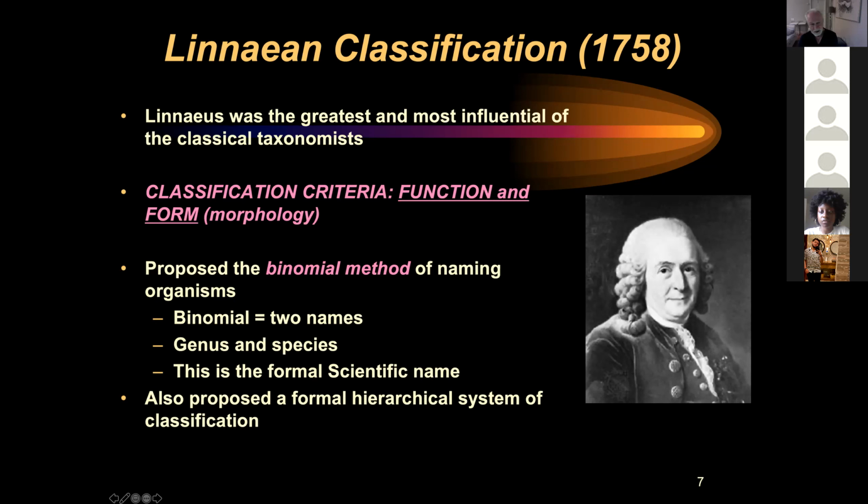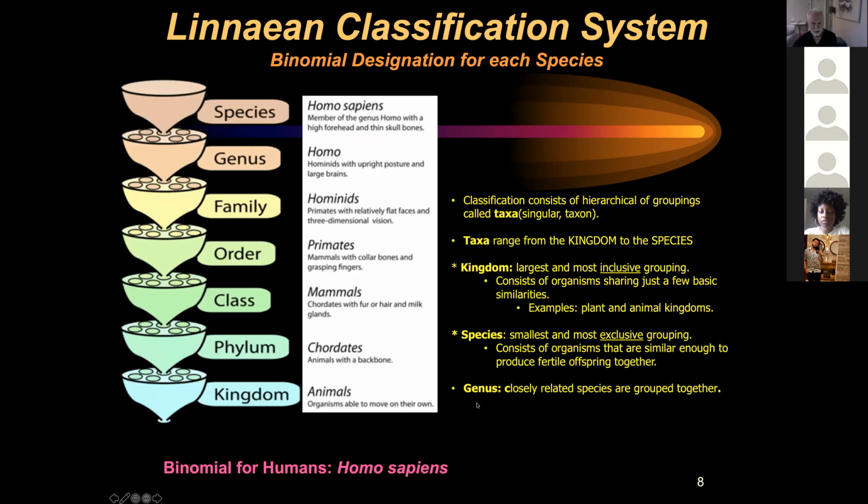So binomial means that it has two names, and those two names are called the genus and the species. So this is the formal scientific name. And this shows you how it works. On the left, you go from kingdom on down to species. And so this is a hierarchical grouping of what are called taxa.